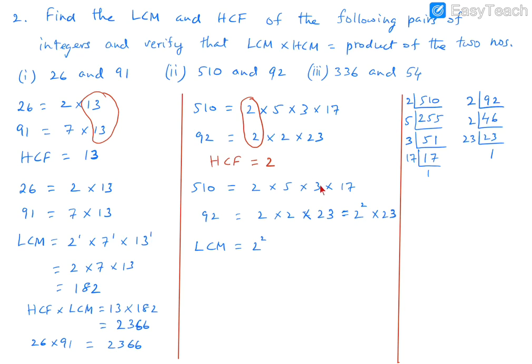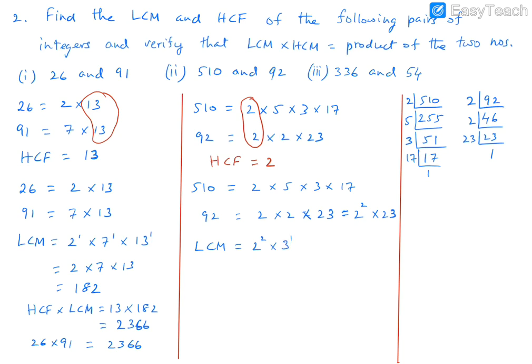And then we have a prime factor of 3. Of course, for LCM, we need not check whether it is common. If you look at all the different prime factors that are present in 510 and 92, 3 is one of them, and the highest power of 3 that is present is 3 power 1.